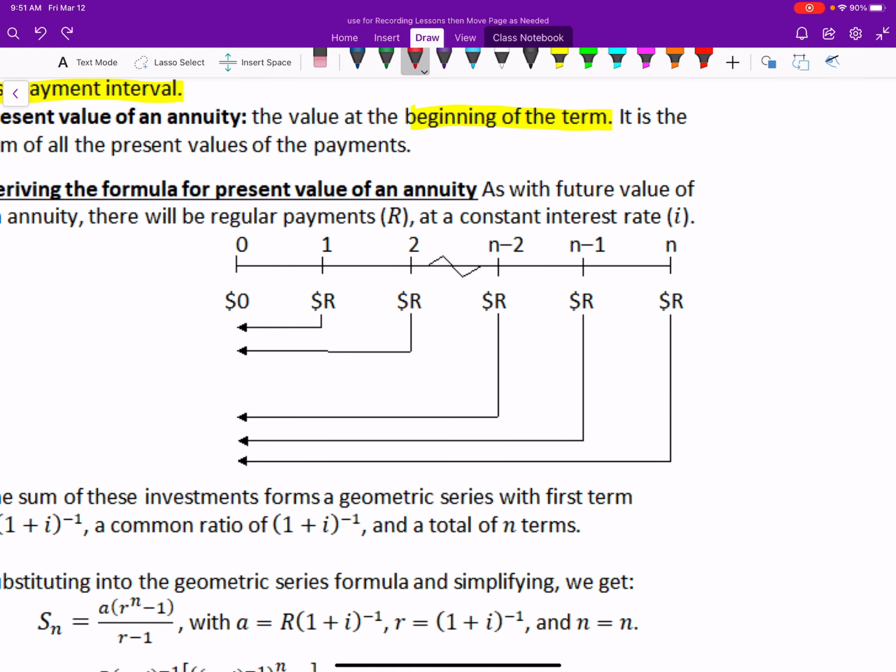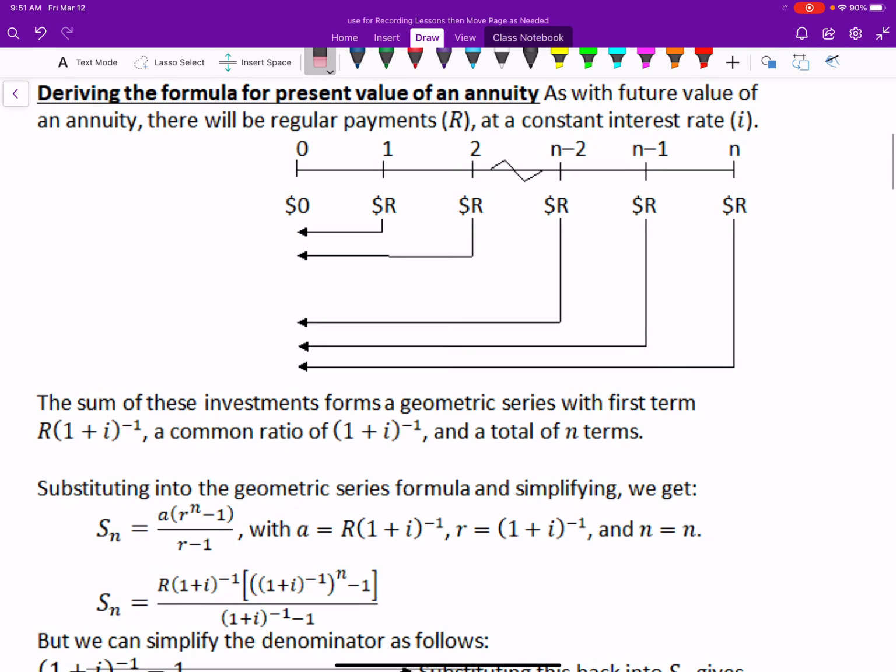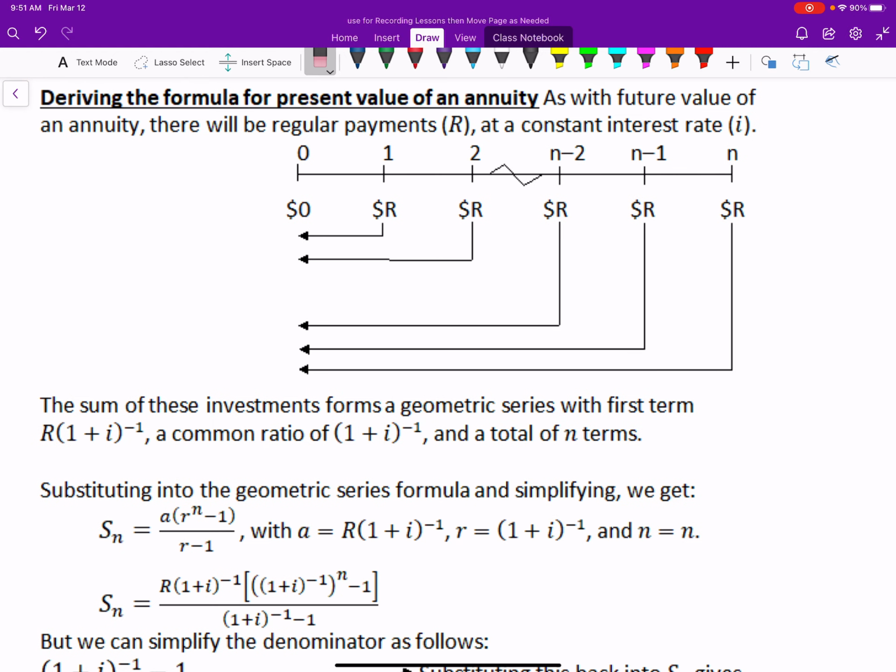R just stands for my regular payments. We don't have a dollar value in this example. R could be $100, it could be $1 million, it could be $5, whatever, but it has to be a regular amount. Whatever that regular amount is, we're working backwards, right?